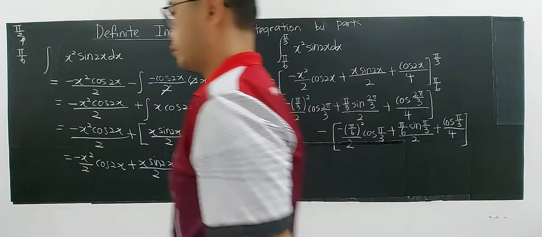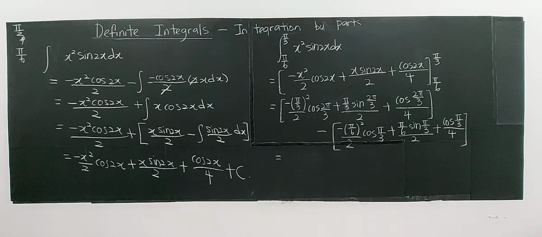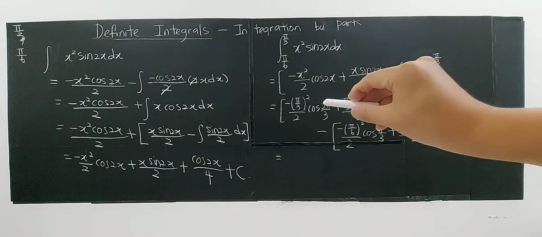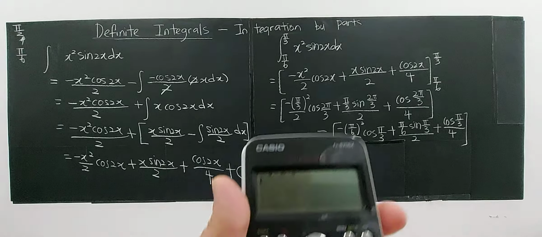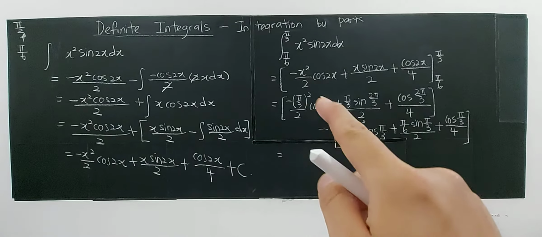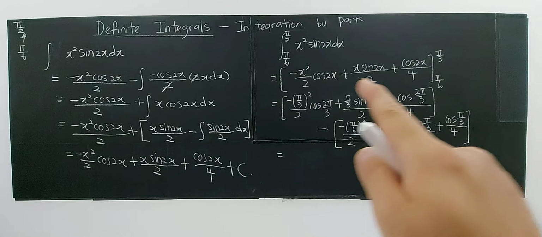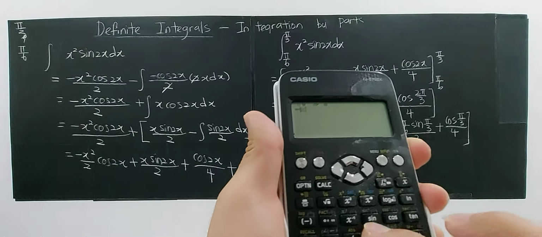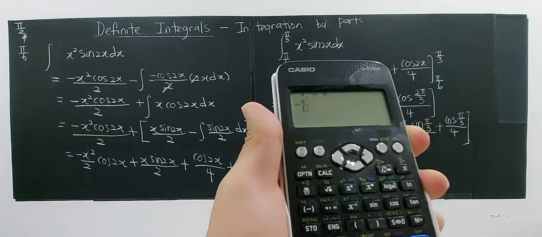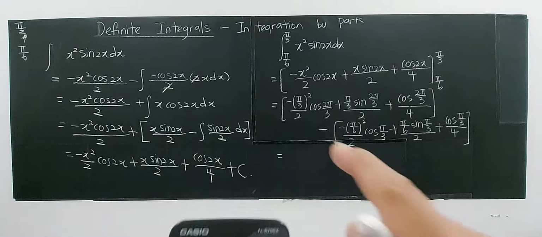Alright, you can actually evaluate the cos 2 pi over 3. Okay, let's be patient here. So, alright, you can key in this function. If you don't want to substitute one by one, you can actually use this. You can key in everything here. So negative alphabet x square divided by 2, right?